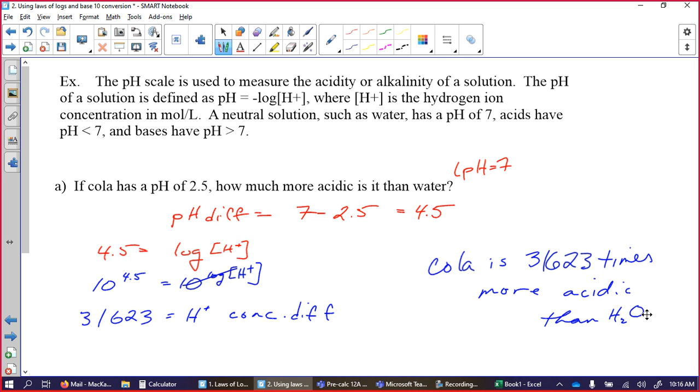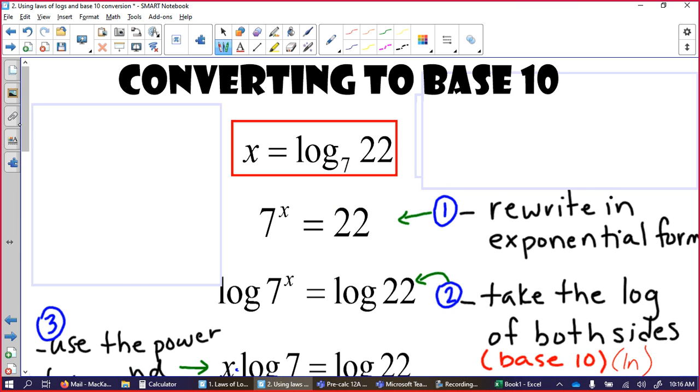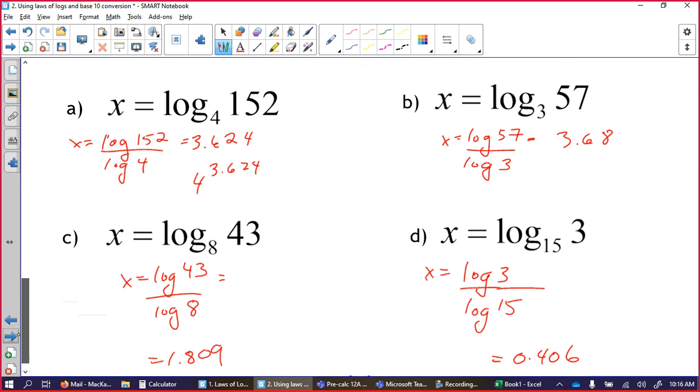That's a drastic difference. It's a logarithmic scale because there's 31,000 times more H plus ions. That's just an application of this sort of stuff. If you're able to figure out and follow this, you're good.